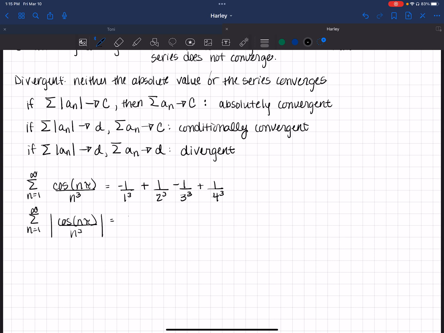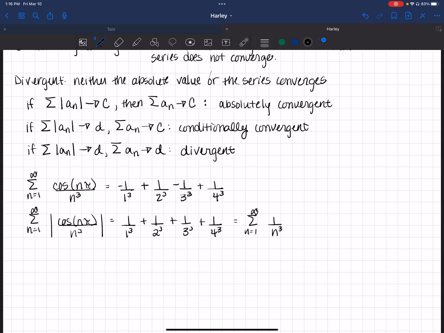I get a positive 1 over 1 cubed. Everything comes out positive, plus 1 over 2 cubed, plus 1 over 3 cubed, plus 1 over 4 cubed. Well, that really looks like what? It looks like a p-series, doesn't it? It looks like the summation of n equals 1 to infinity of 1 over n cubed, right? That's going to produce the same thing.